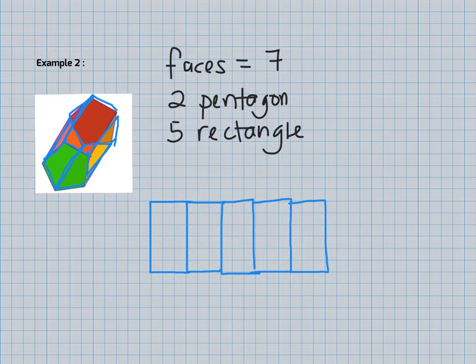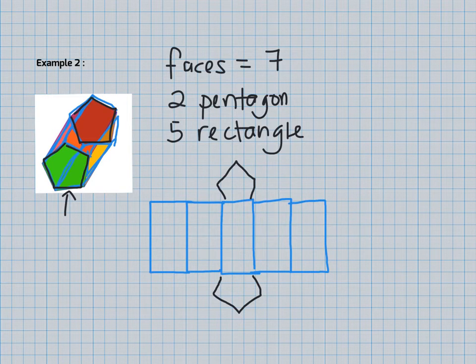So the next thing is to draw the two pentagon faces, this and this. Okay, and if you can see, the pentagon faces are attached to the bottom part of the rectangle. So I am going to attach a pentagon to the bottom here on both sides.